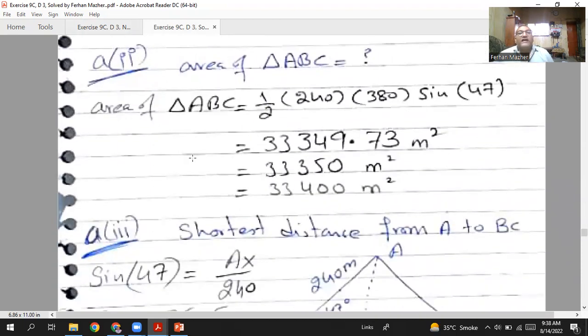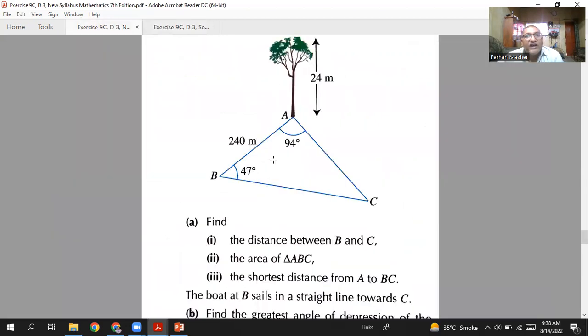So the area of triangle ABC equals 1 by 2 into 240 into 380 multiplied by sine 47, and it will be approximately 33400 meter square. So this is how you will find the area of this triangle.